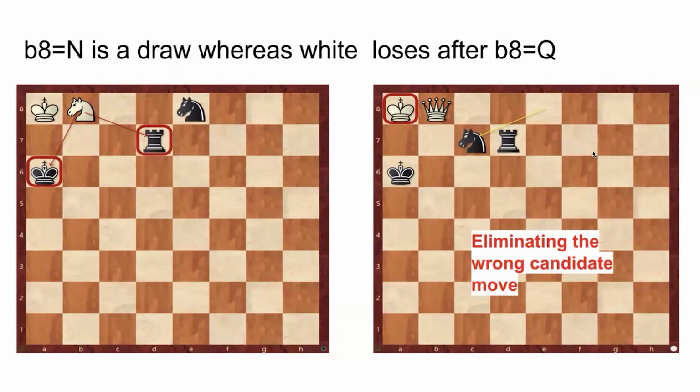The first goal should be to eliminate b8 is equal to queen. Whoever is writing b8 is equal to knight, you're doing the same thing very quickly, but subconsciously. We all want to queen the pawn, but you're eliminating it by seeing a move ahead very quickly.